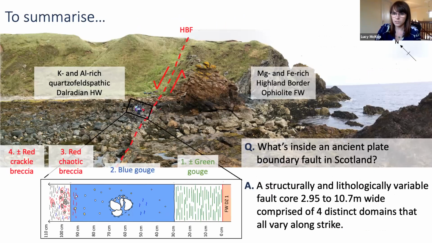So in summary, I started off with the question, what's inside a plate boundary in Falkland, Scotland? As I've just discussed, the answer is a quite structurally and lithologically variable fault core that ranges from about 3.7 to 10.7 meters wide, and 4 distinct units that all vary in thickness. The green and blue gouges are derived from this side of the fault from your ophiolite, whereas your breccias are derived from this north side of the fault from your Dalradian.